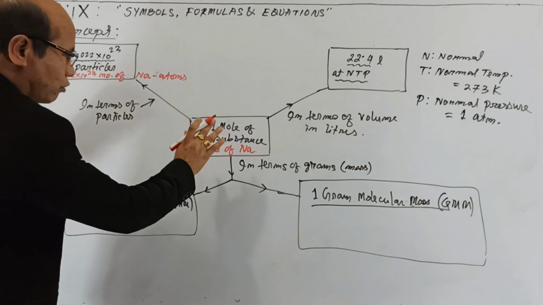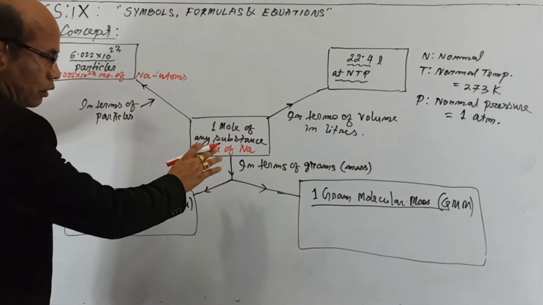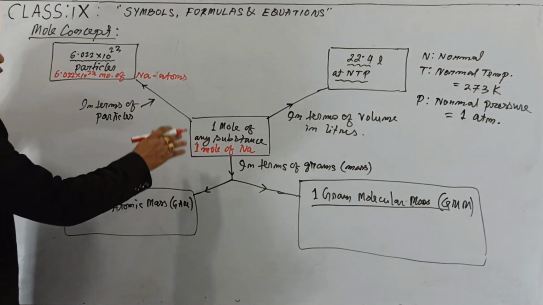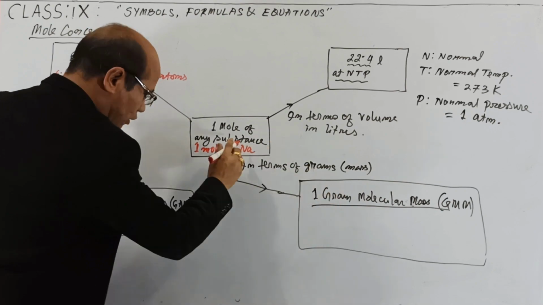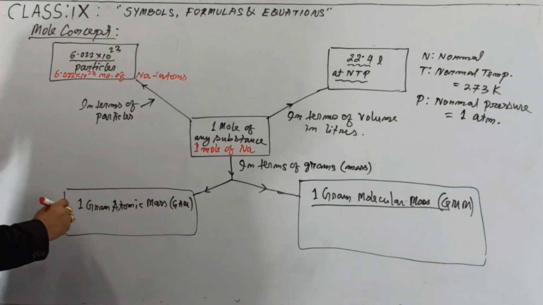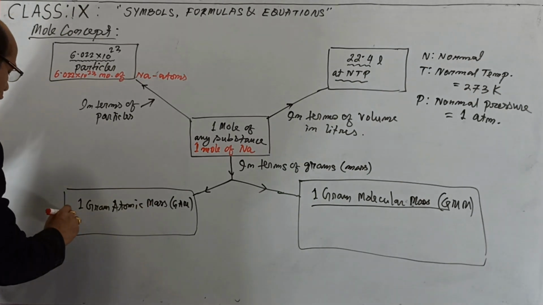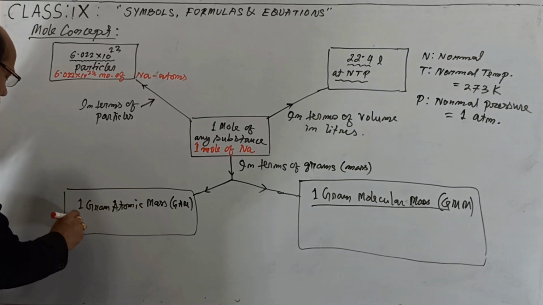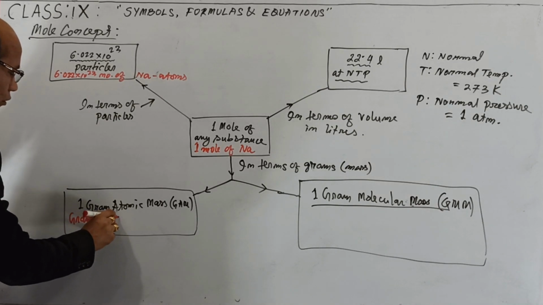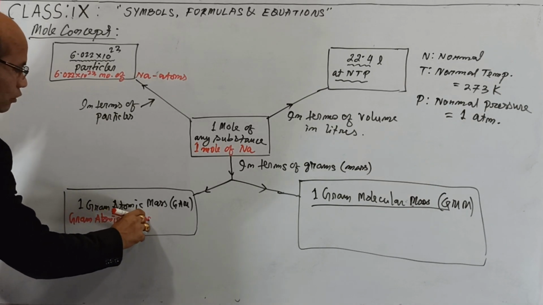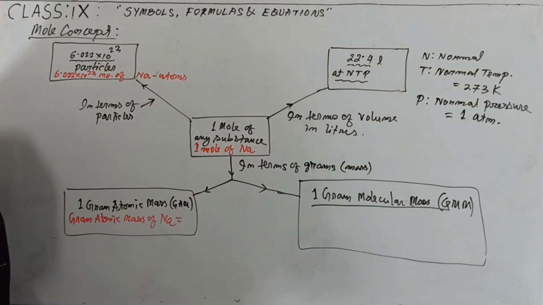And if you want to convert 1 mole of sodium into grams, its mass into grams, then look, this is a sodium atom, so you come to the atomic side. Then what you have to use is the gram atomic mass of sodium. How much will the gram atomic mass of sodium be?